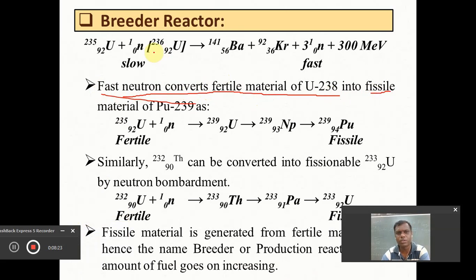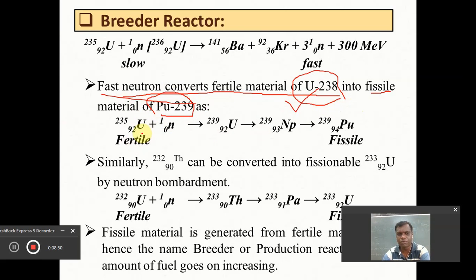Uranium 238 is the fertile material, meaning it will not undergo fission directly. First of all, it will be converted into fissile material, and then it will produce a large amount of energy whenever bombarded with a slow neutron. So this fast neutron converts the fertile material into fissile material. What is this? The plutonium 239.